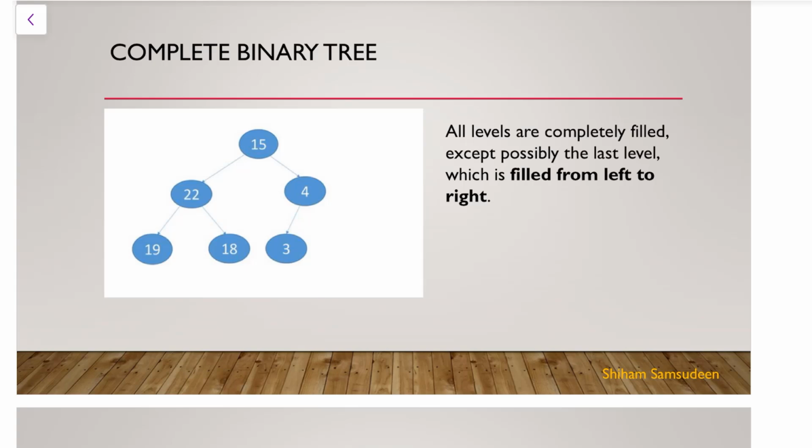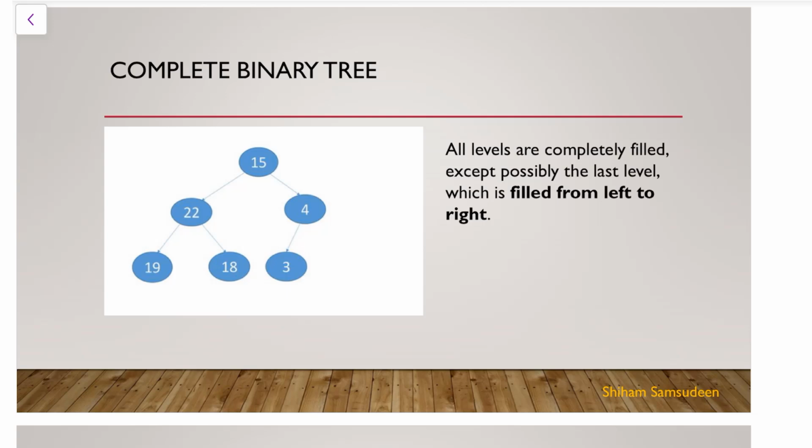And then binary trees have some variations or definitions depending on their characteristics. We have something called a complete binary tree. So here it says all levels are completely filled. So all levels means we have level 1, level 2, so L0, L1, and L2. Here it says all levels are completely filled except possibly the last level.